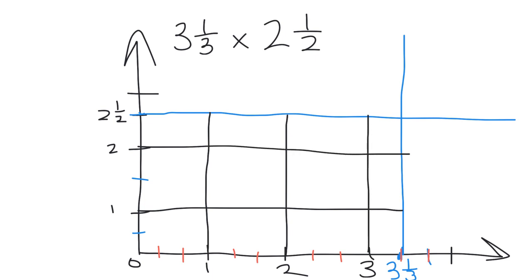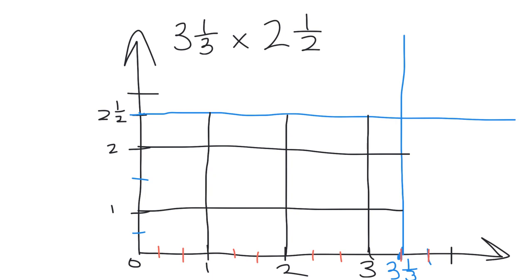Good. Now what's really cool is right here, this is a 1 by 1 square. This is a 1 by 1 square. So all of these are 1 wholes. I know they didn't look like it because I didn't do a good job drawing everything, but each one of these is 1 whole unit.